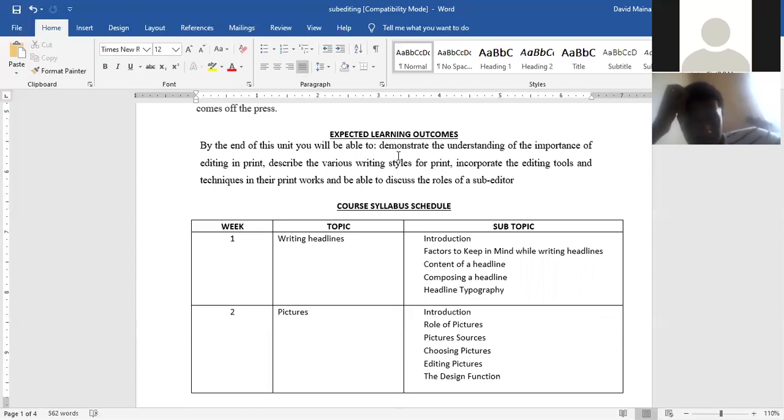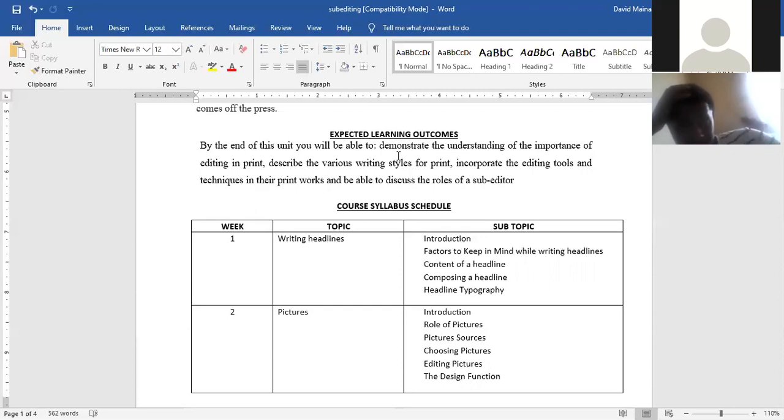You'll be able to describe the various writing styles, because newspapers are written differently. You can see the difference between the Nation newspaper and the Standard just by looking at them. Sindio? Unaweza kuangalia newspaper, yes.